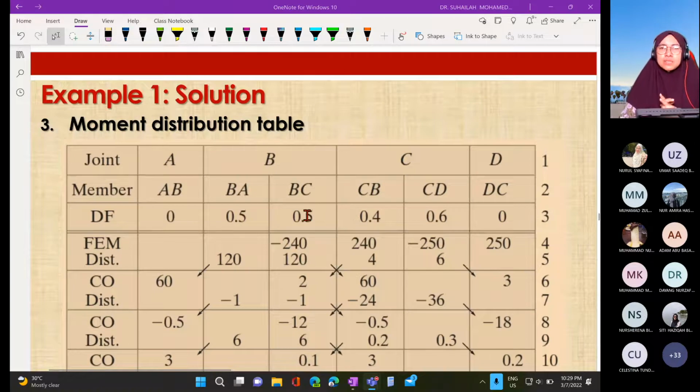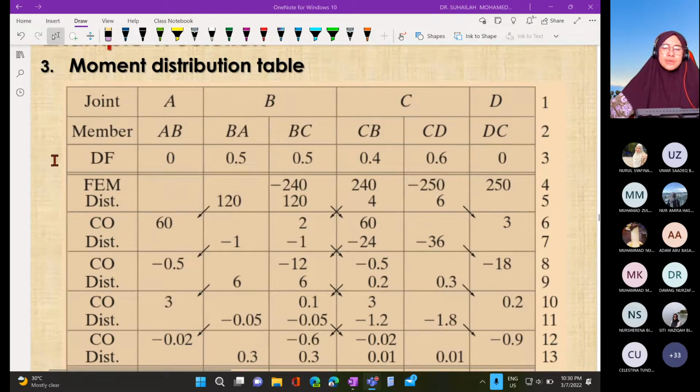Okay, this is the moment distribution table. Okay, since we have 6 member end moments to be determined, we have to have 6 columns, AB, BA, continue with BC, CB, continue with CD, DC. Okay, so we start with distribution factor. So since A is fixed and D also fixed, we put 0, 0.